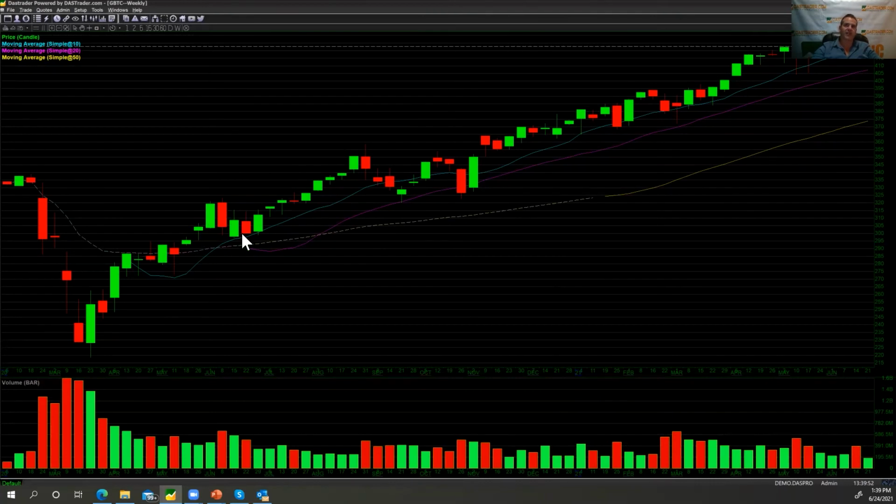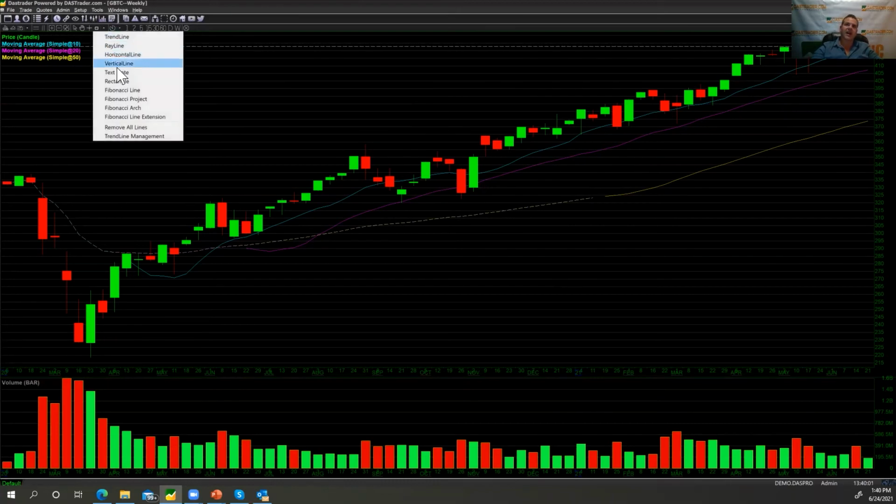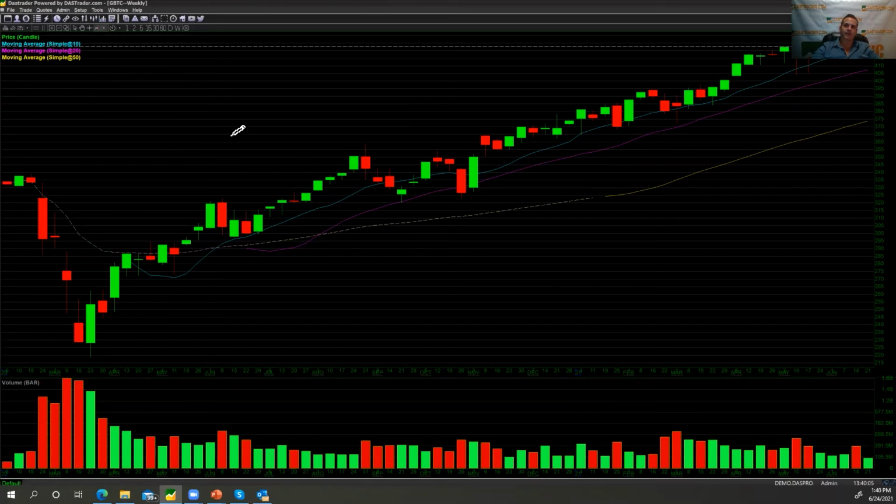Price is above the moving average. Price is above the 10, the 20, and it rejected the breakdown. So let's put on our tools here to analyze this rejection of the breakdown. So horizontal line. I'm going to put it right here, as the breakout point was here.